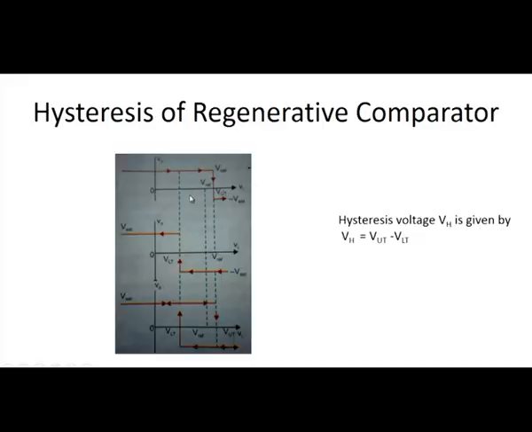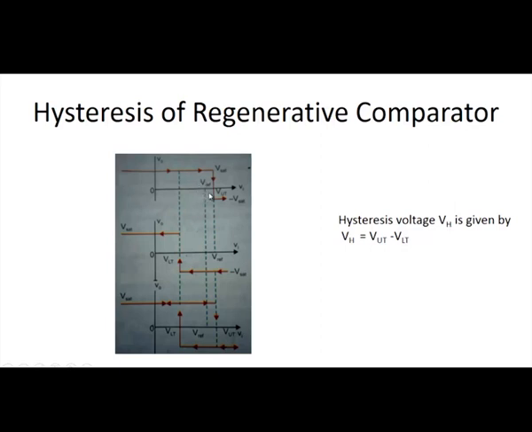Now, we will look at the hysteresis of a regenerative comparator. Here the input voltage is compared with the upper threshold voltage. Consider the reference line, along which the input voltage is taken, and this is the output voltage along the y axis.